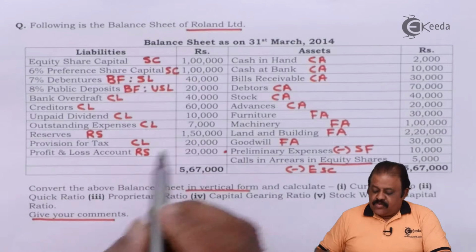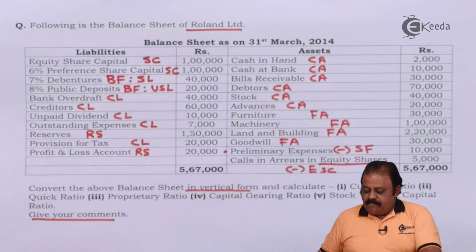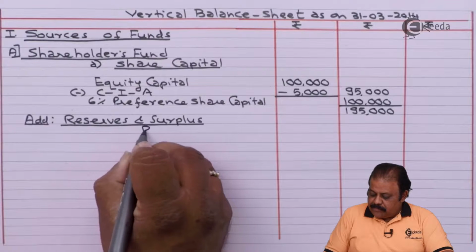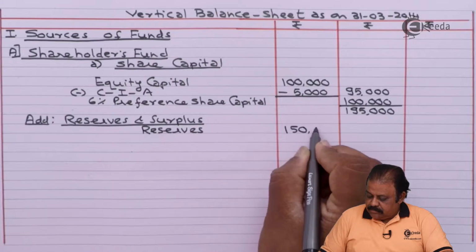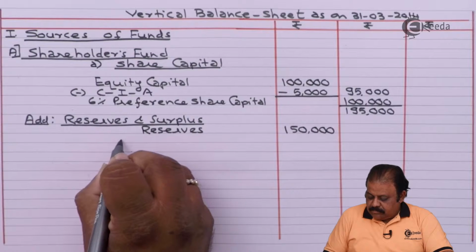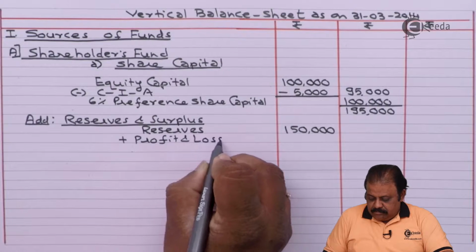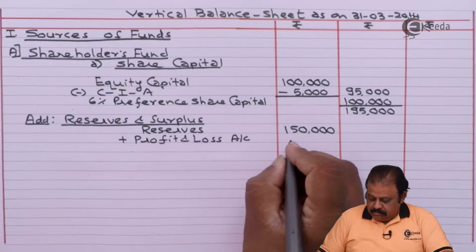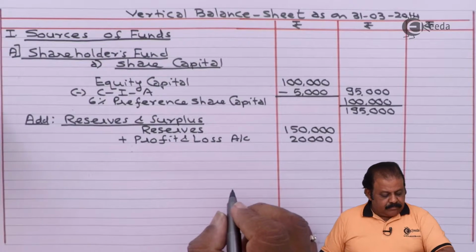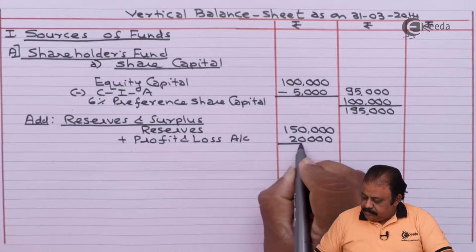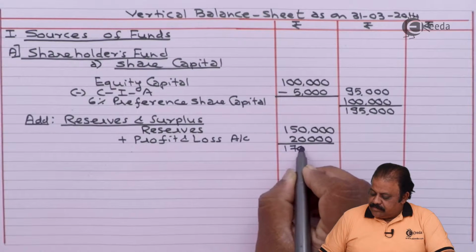Reserves 1,50,000, profit and loss account 20,000. Reserves plus profit and loss account 1,70,000.